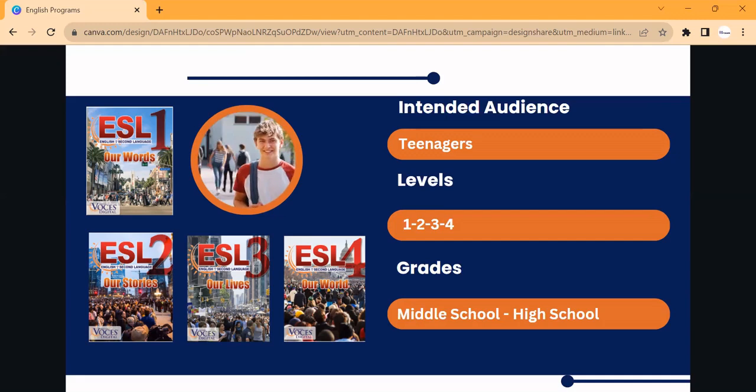That would make a transition easier for students who are just entering or getting to know the United States or just arriving, who would be comfortable using this series.